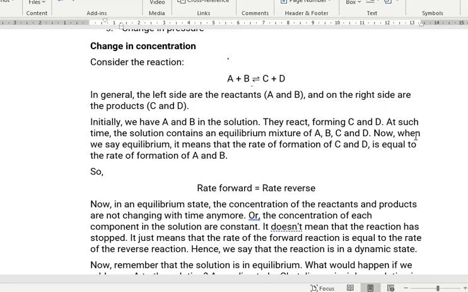And take note, class, that the double-headed arrow is used to describe a reversible reaction. Okay? There are so many reversible reactions, even if we cannot see it with our naked eyes right away, but actually they can be reversible.